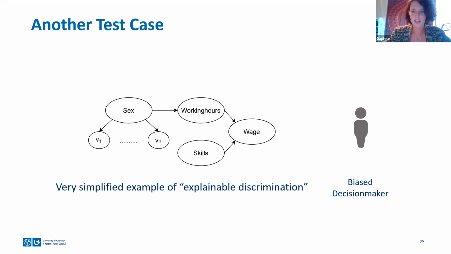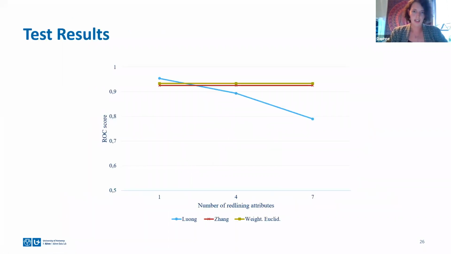And again, we used this data set to simulate the process of a biased decision maker who again changed some decision labels from women with a high wage to a low wage. And again, we see a similar pattern. The distance function by Luong is the only one decreasing in performance the more irrelevant attributes are added.